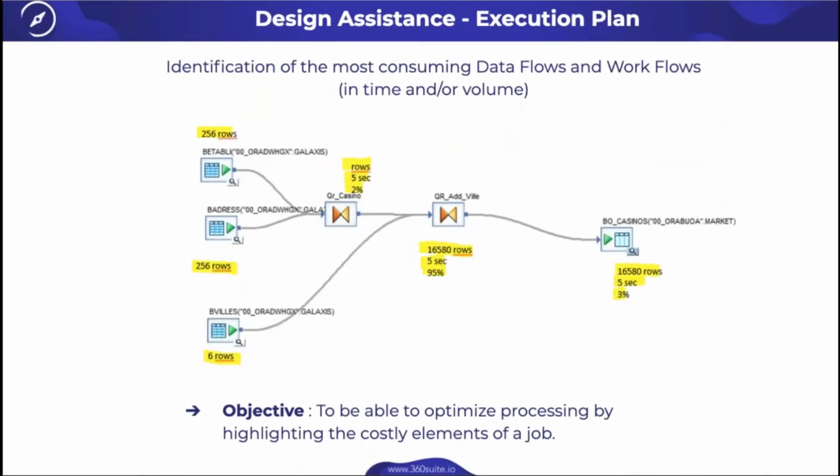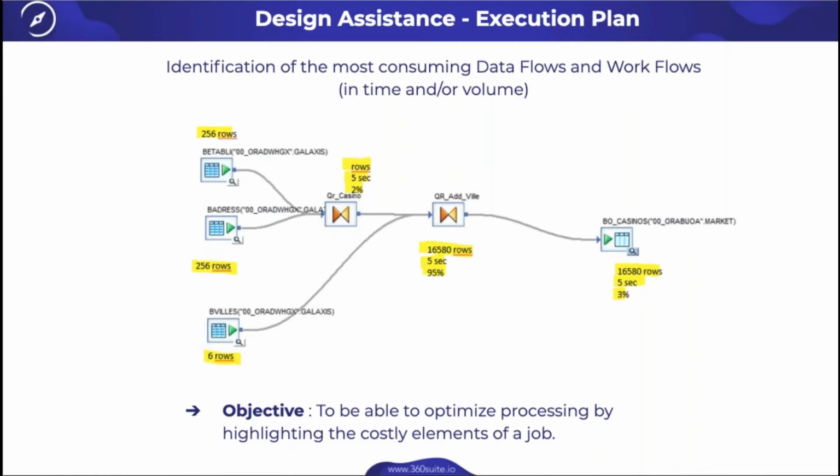Okay, and then the third challenge was just having some assistance on the execution plan, knowing where the most time-consuming portions of the ETL process were. On the left, you've got your source tables, and then the transformations, and it tells you how many rows are being populated and the amount of time it's taking.